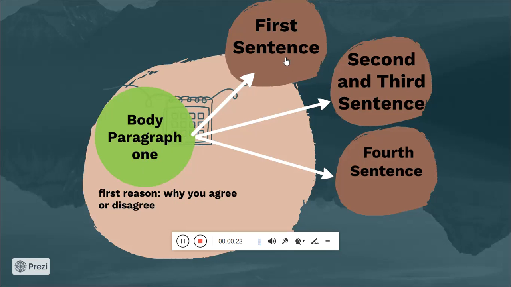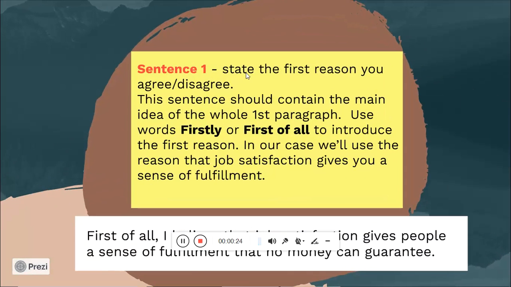The first sentence, you state the first reason you agree or disagree. The sentence should contain the main idea of the whole first paragraph. You may use words like firstly or first of all to introduce the first reason.